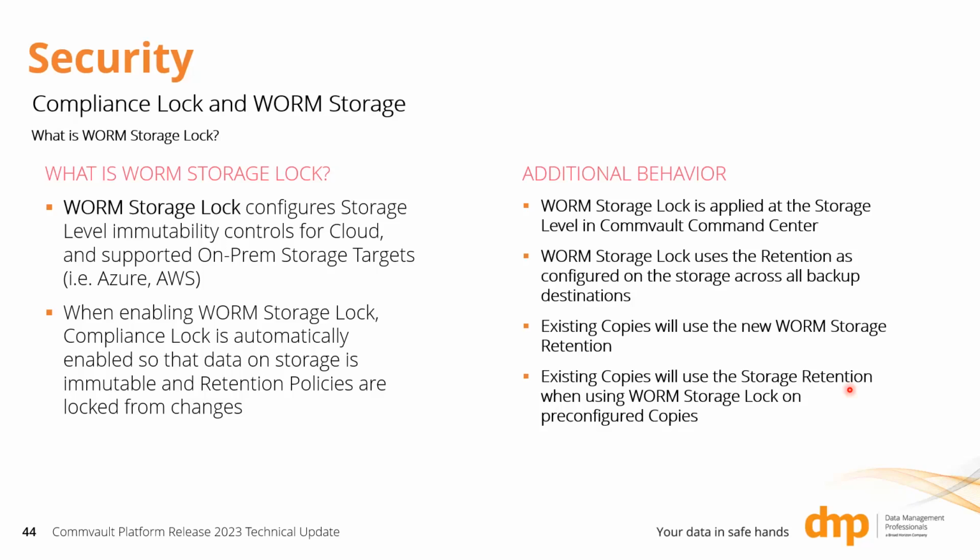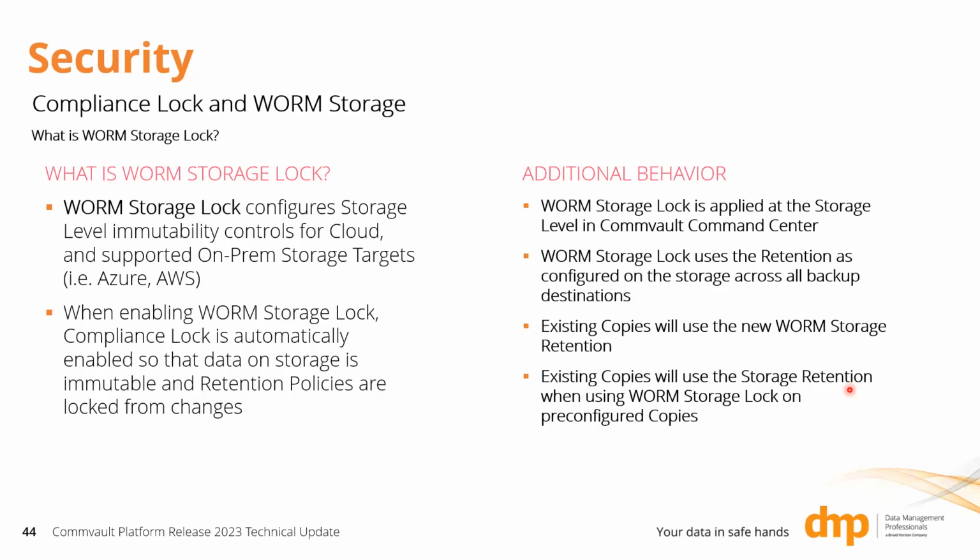So make sure that the thing is really immutable, meaning that if, for example, you have the S3 credentials to access your cloud library, which you have configured, if the immutability is not configured, a person who has those credentials still is able on the hardware level to delete the data, even if you have set the compliance lock at the Commvault level.